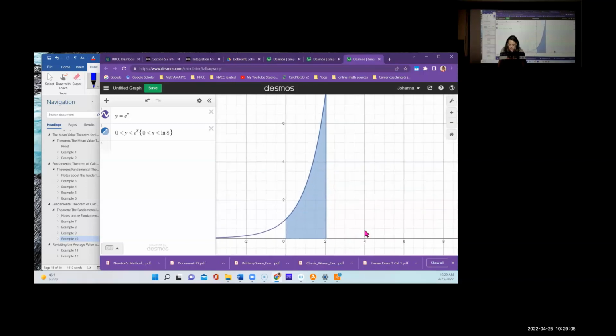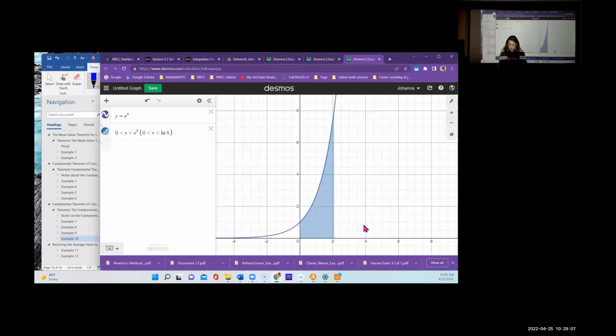Now, if we're looking at this region right here, and you want to know how much of that is actually 1 square unit, find 0 to 1 on the y-axis and 0 to 1 on the x-axis. That's 1 square unit right there.